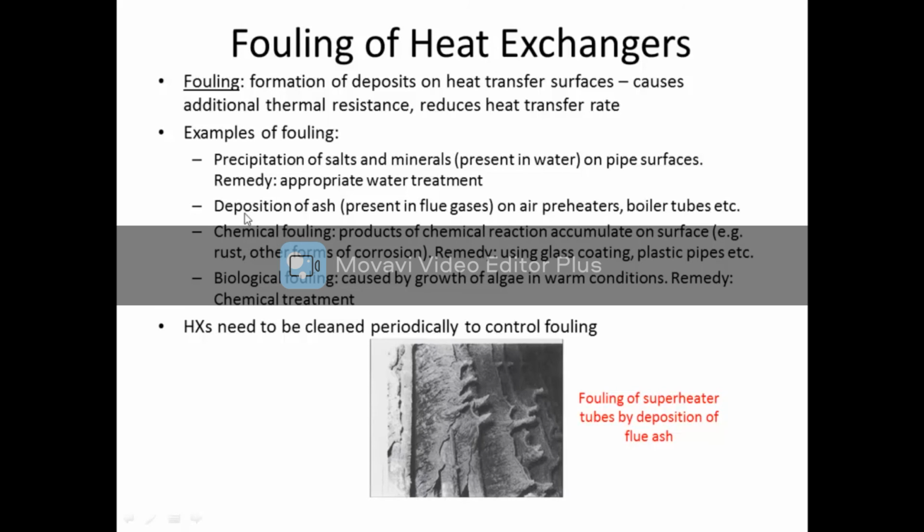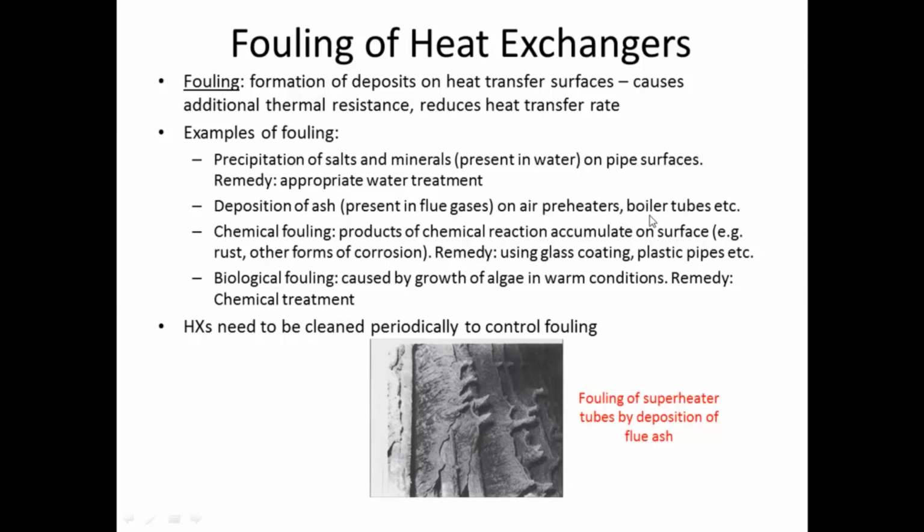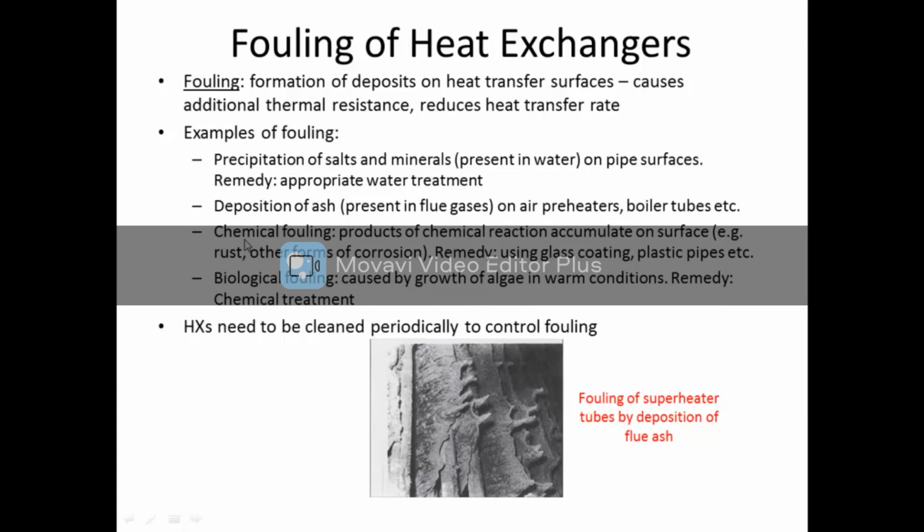Wherever exhaust gases or flue gases are used in a heat exchanger, such as in air preheaters, boiler tubes, etc., the ash present in the flue gases will tend to get deposited on the heat transfer surfaces. A third cause is chemical reactions occurring at the heat transfer surfaces, which result in the products accumulating on the surface.